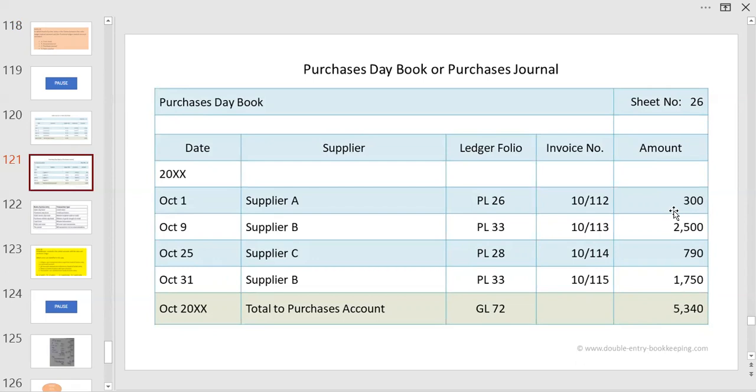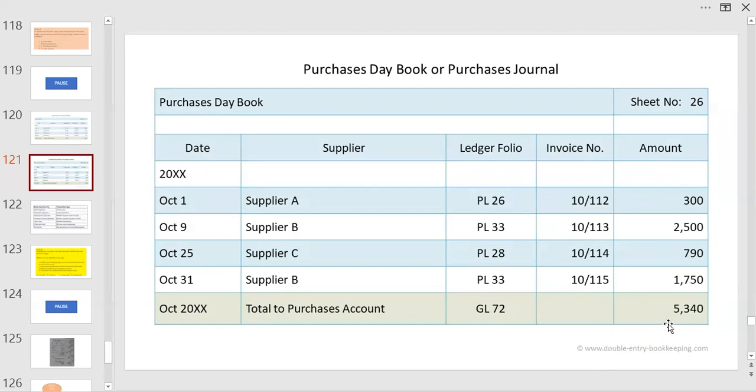The workload would be more, therefore we reduce it. So we write it in a single column account. Now, as you see, there's only one column for the amount. So there we write whatever sales we do, and at the end of the period, we total them and we make a journal entry.